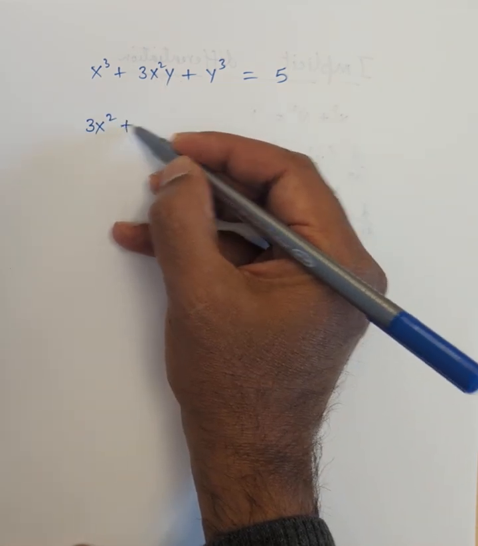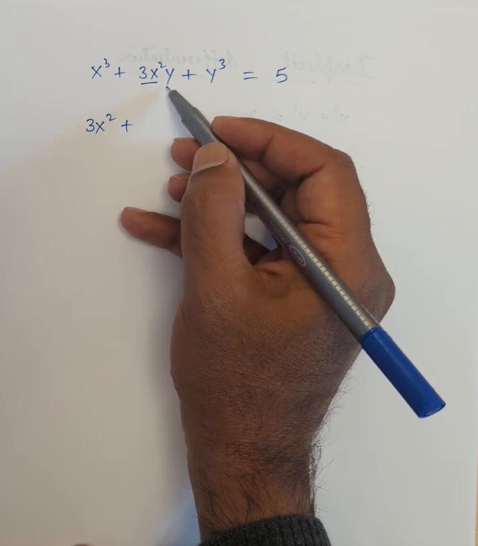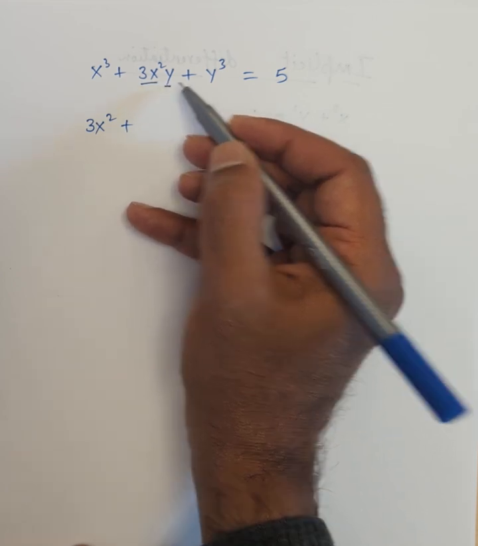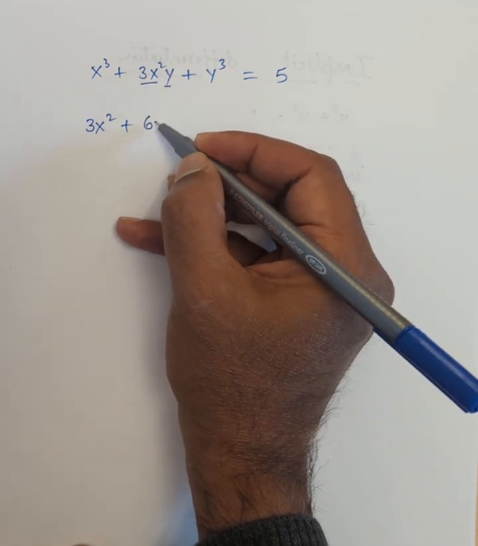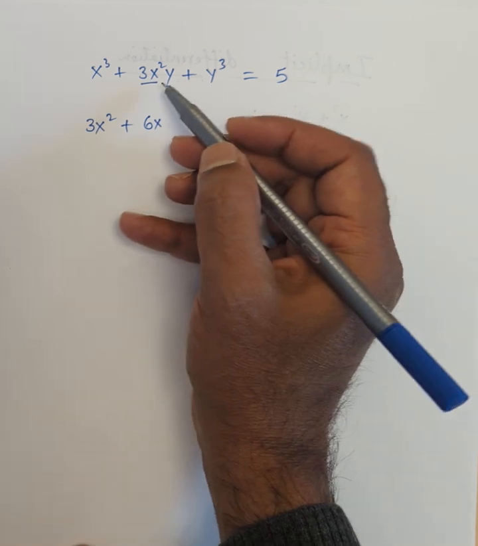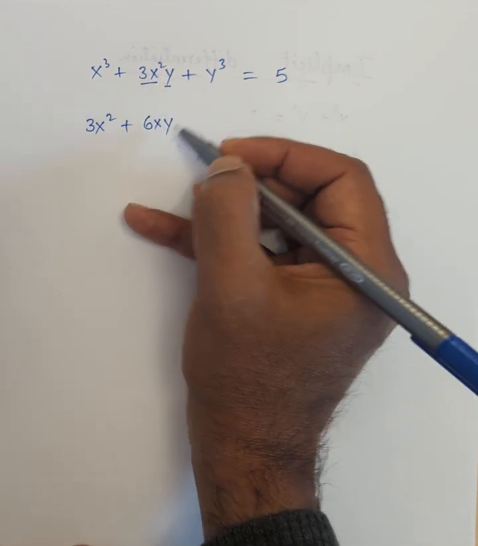Here I have to apply the product rule. So I want to think of 3x squared as one factor and y as another factor. If I take the derivative of 3x squared, I just get 6x. I'm applying the product rule. So differentiate and fix.